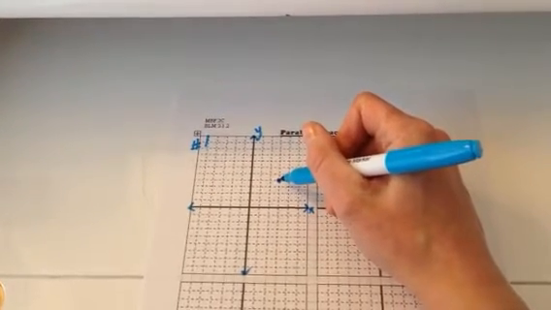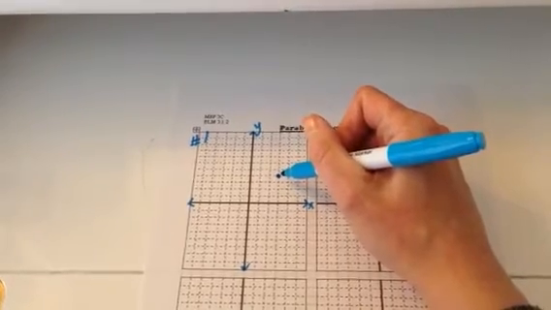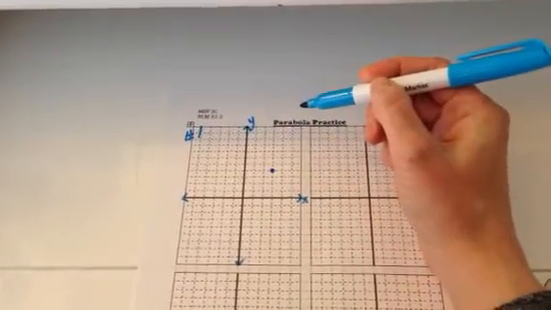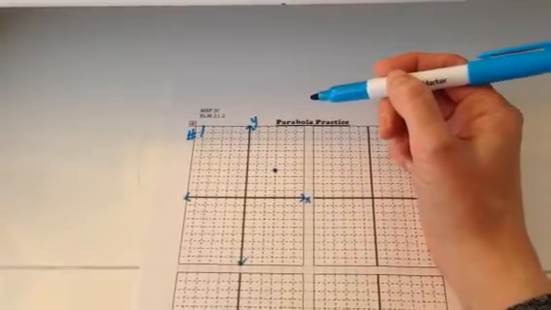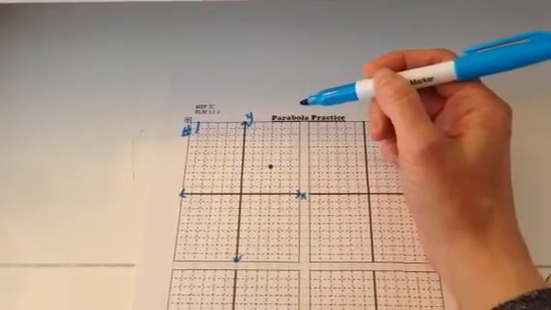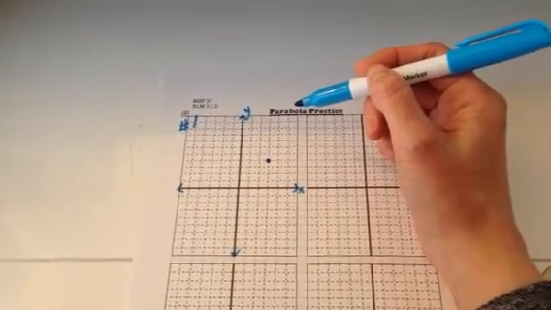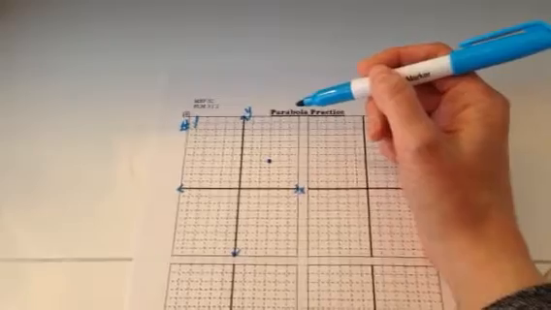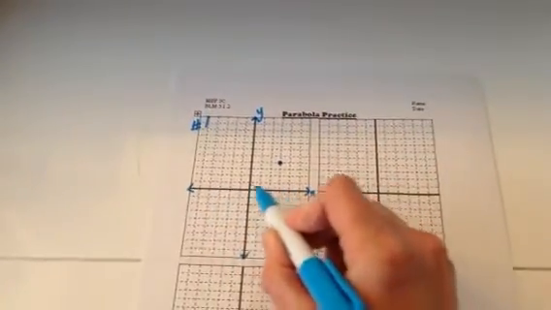I don't quite know yet if it opens up or down, but the next information, where the zeros are, will help me determine that. It says we have zeros at 1 and 5. Remember that zeros are the x-intercepts, so this is where they cross the x-axis.